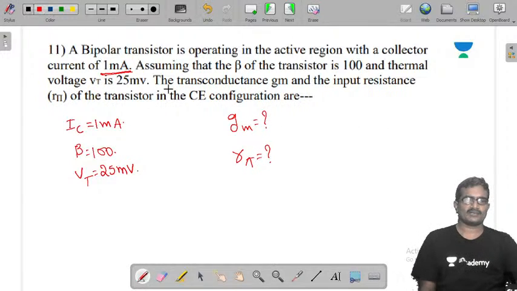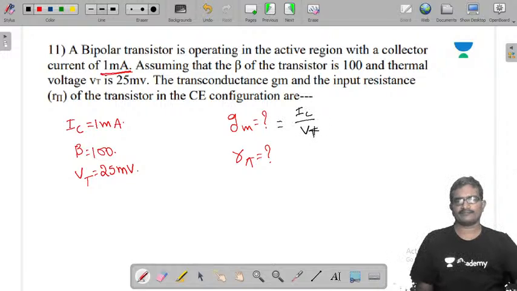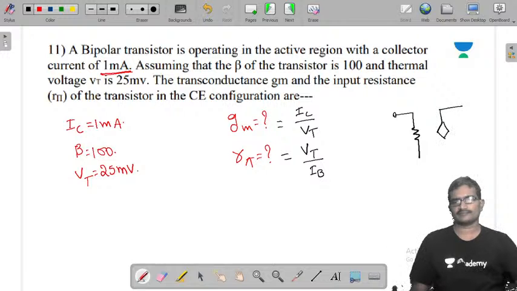See, we know GM value is IC by VT, and R pi is VT by capital IB. This is the R pi model representation of transistor. Already we derived all this in previous sessions.